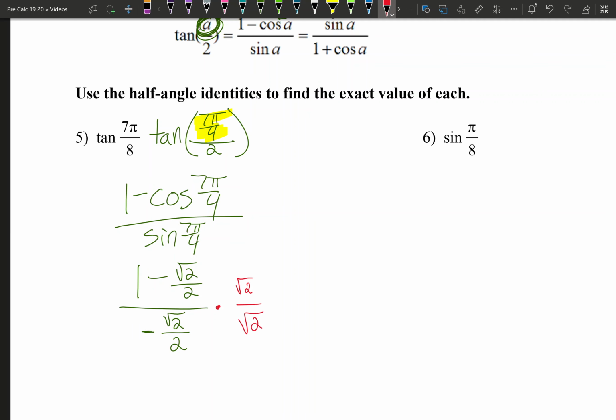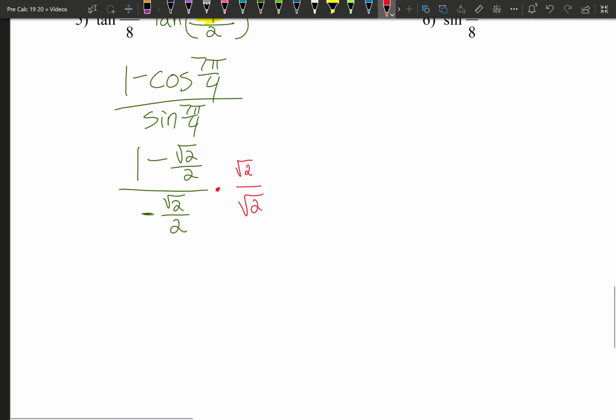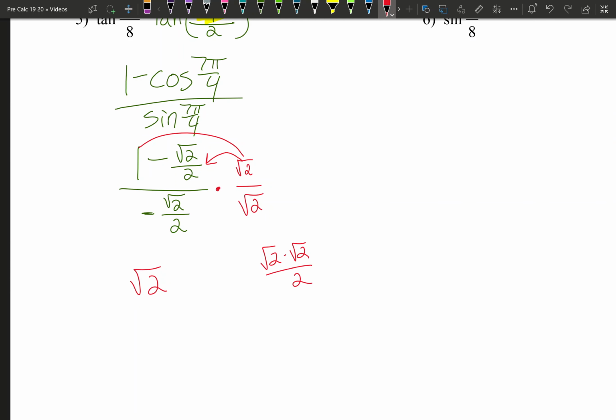We're allowed to do this because it's in the form of 1. Because when we distribute this, when it's multiplied to the 1, well, that's easy. We just get the square root of 2. When we multiply to our square roots of 2 over 2, root 2 times root 2 is just 2. 2 halves is just going to be 1.